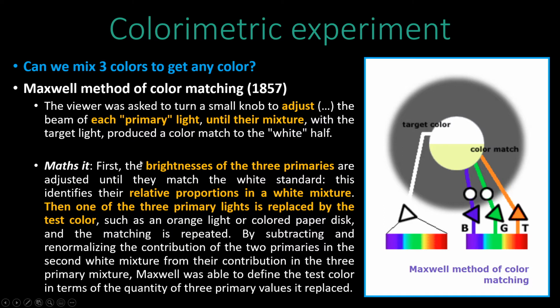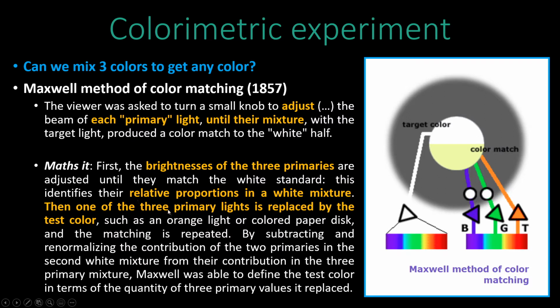However, we can go into the theory. First, the brightnesses of the three primaries were adjusted to match some white color. This measured the relative proportions in a white mixture. Then one of the three primary lights was replaced by a test color, such as orange light.